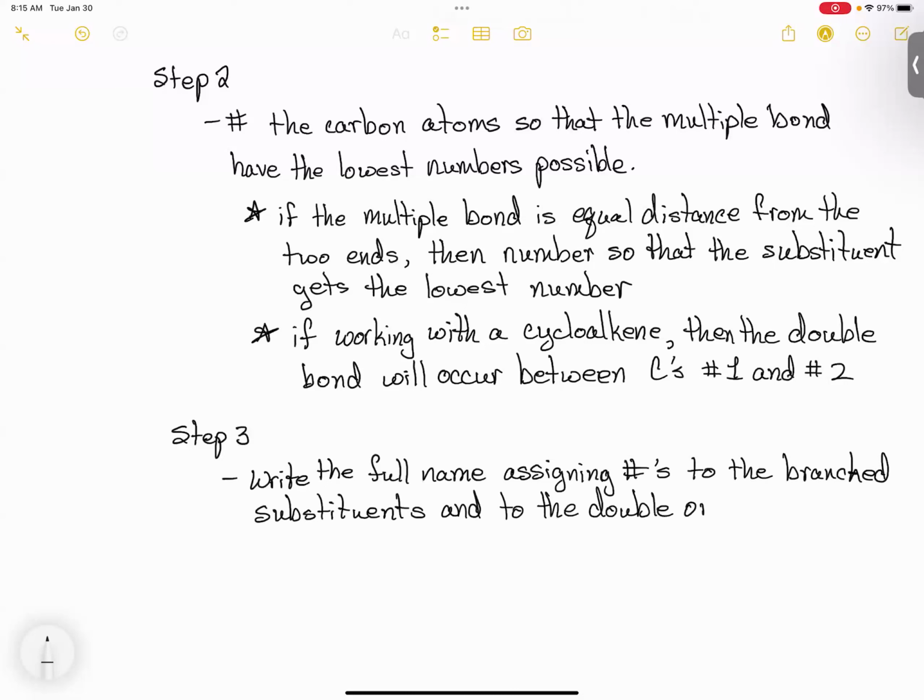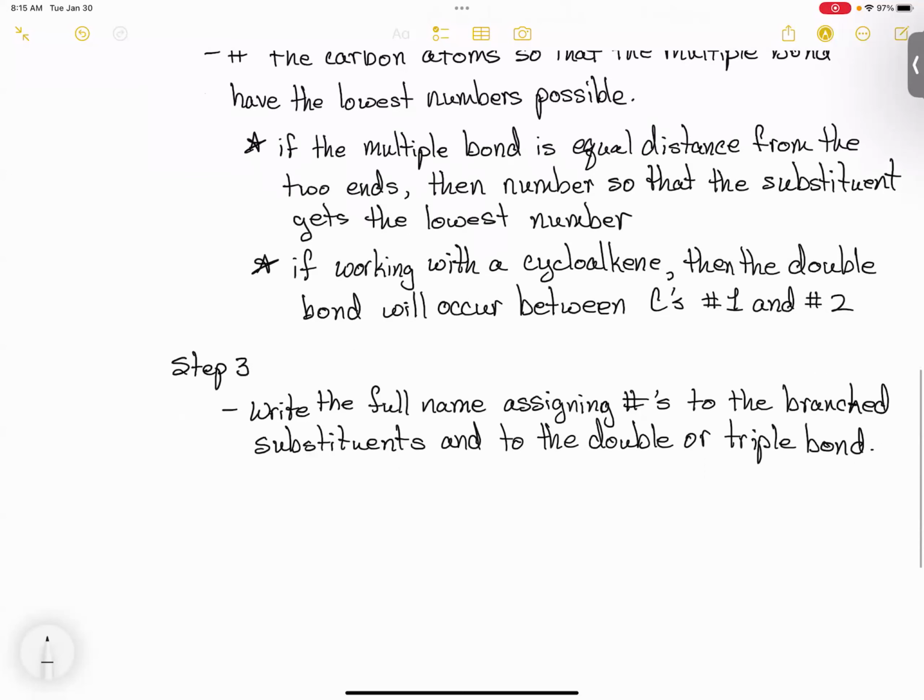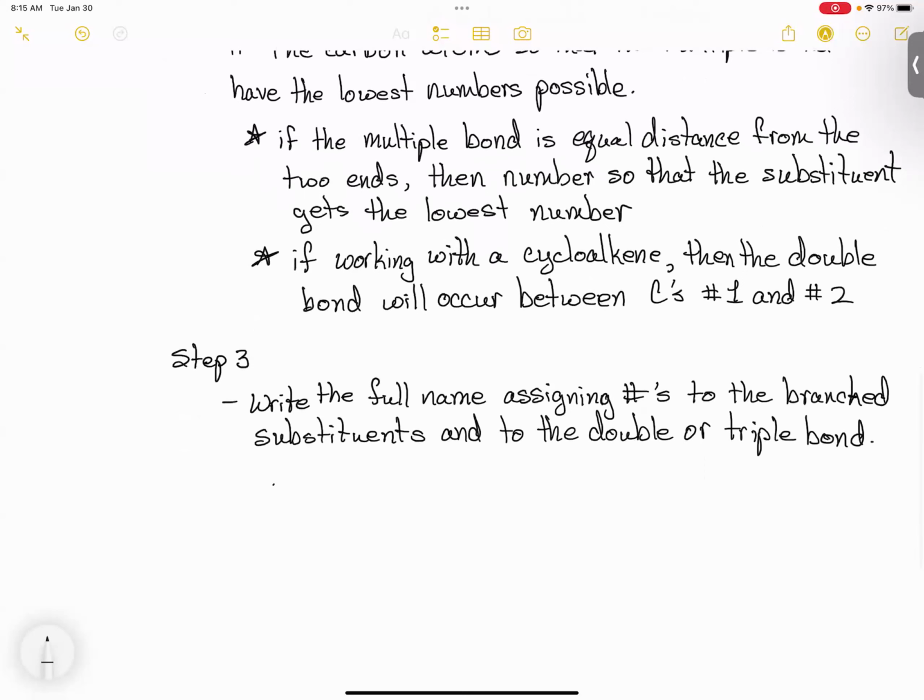Or triple bond. As always, commas are used to separate numbers.